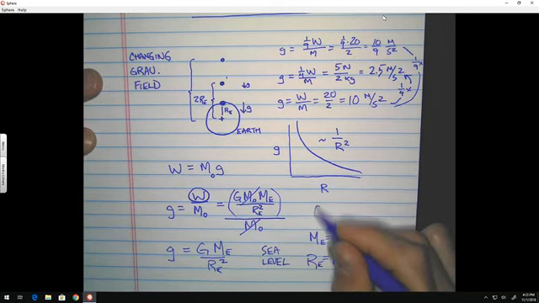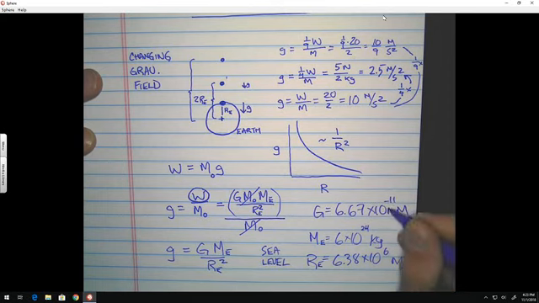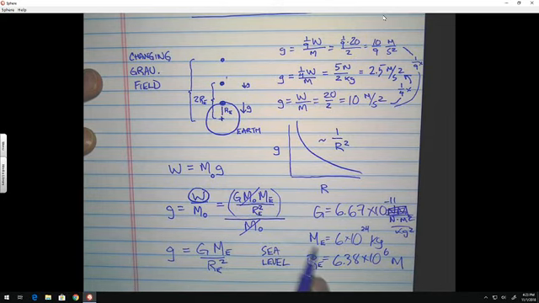And you guys already know that G is equal to 6.67 times 10 to the negative 11th. The units are newtons times meters squared over kg squared. But if you take a second, go ahead and calculate, multiply these two numbers, and then divide by the square of this, and you're going to get something which is really close to 9.8 or 10 meters per second squared.